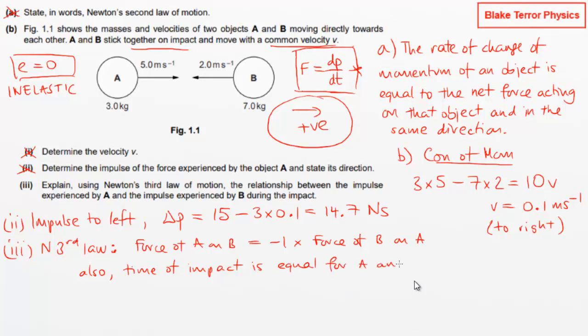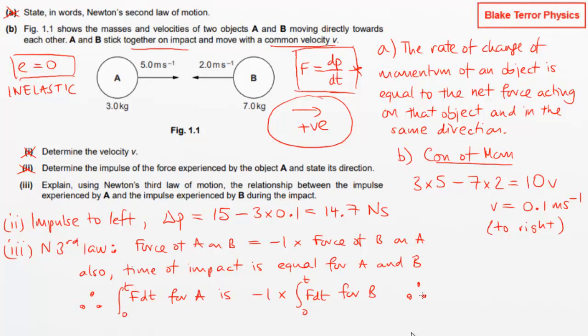So this is telling us quite a lot here, that we can say the integral of F dt for A is -1 times the integral of F dt for B, because dt is the same. We've got the same limits on these integrals. They're both going from 0 to t. F is of the same magnitude. They've just flipped sign for each one of them. So we know those are the same.